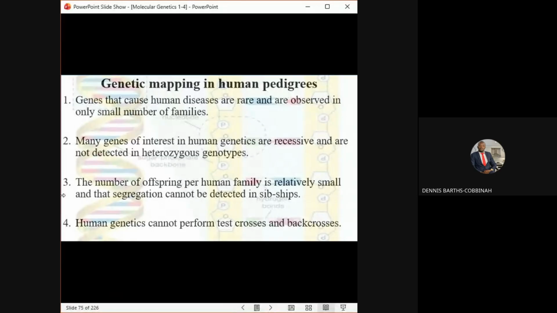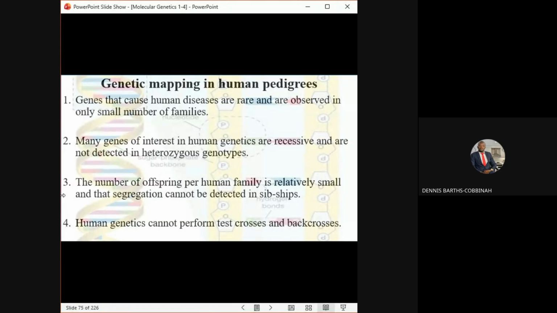When we say test cross, we mean that if somebody is exhibiting certain traits or a dominant trait phenotypically, you would want to be sure whether the person is homozygous or heterozygous.